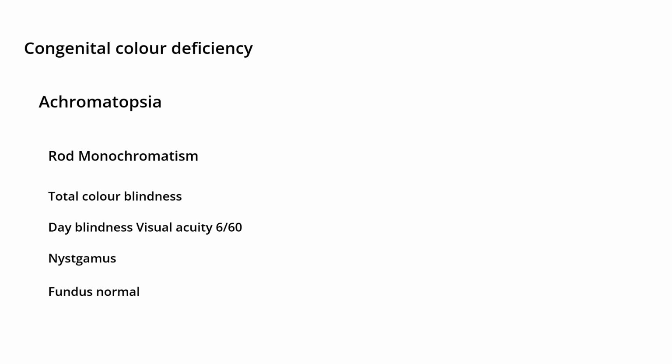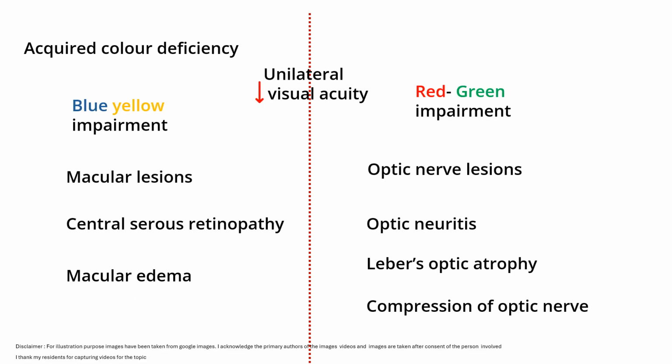In achromatopsia it's usually total rod monochromatism. There is total color blindness, so cones are not really functioning. When cones are not functioning, there is also day blindness, so visual acuity is usually reduced. The patient might have nystagmus, but the fundus might be normal. You will not be able to appreciate any pathology.